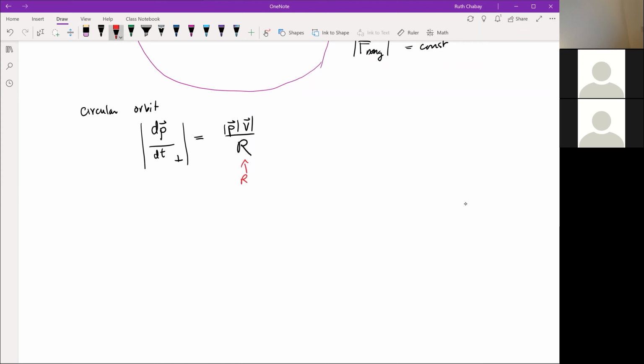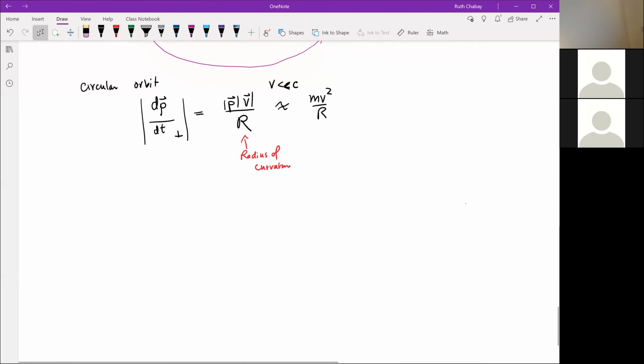And that, at low speeds, if v was much less than c, was equal to mv squared over r. But this is also equal to the perpendicular component of the force acting on the moving object.